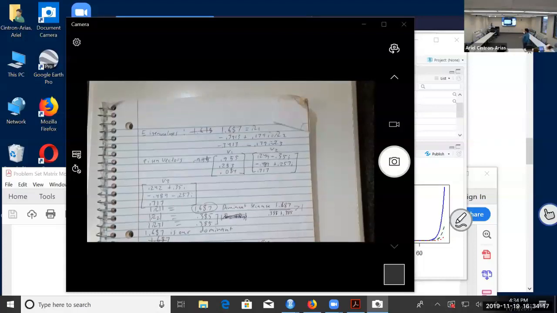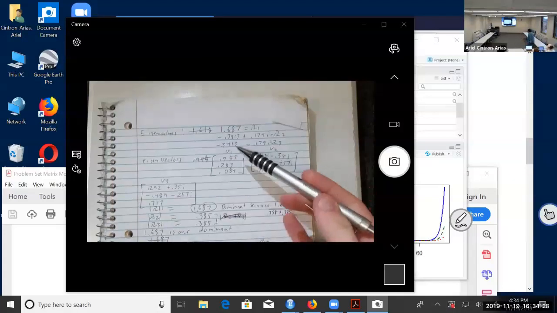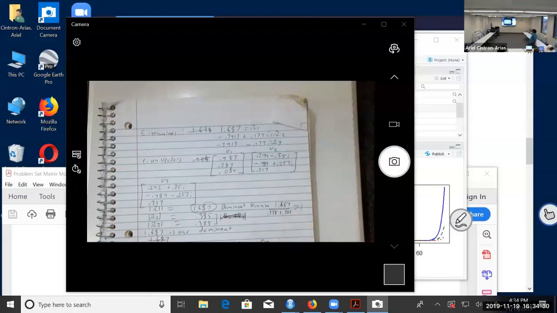R outputs this already sorted or ordered; it seems the one that's listed first is always the largest. I did a variable, I think Z is equal to the eigen of that matrix. If you do Z$values, it will give you that, but if you just do eigen, it also works.